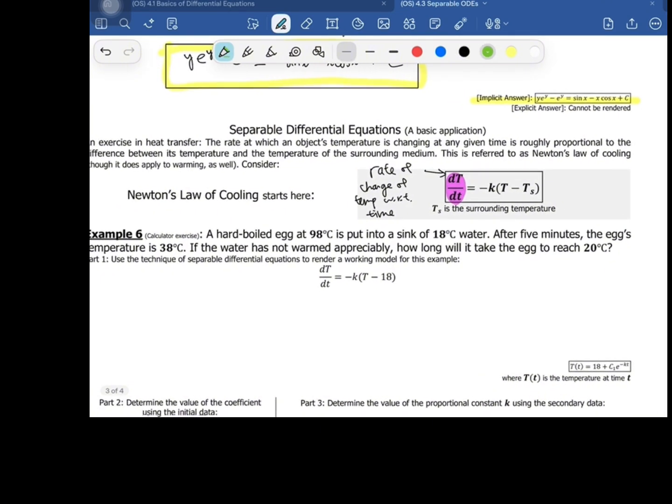And on the right side of the equation, we've got a couple of things. We've got our k, which is our proportionality constant.